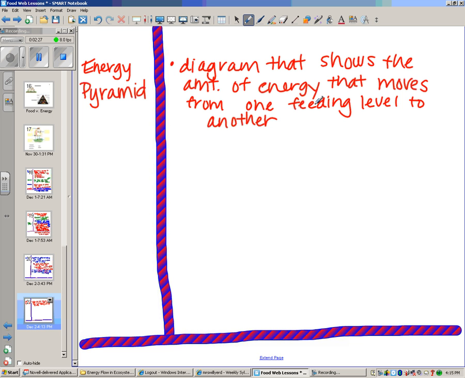Okay, so it's a diagram that shows the amount of energy that moves from one feeding level to another.